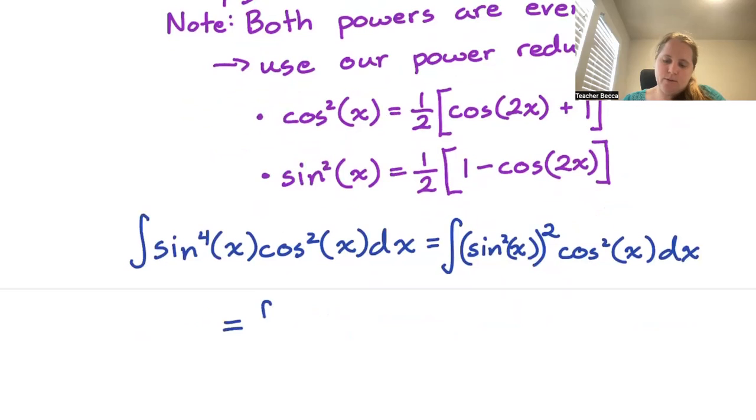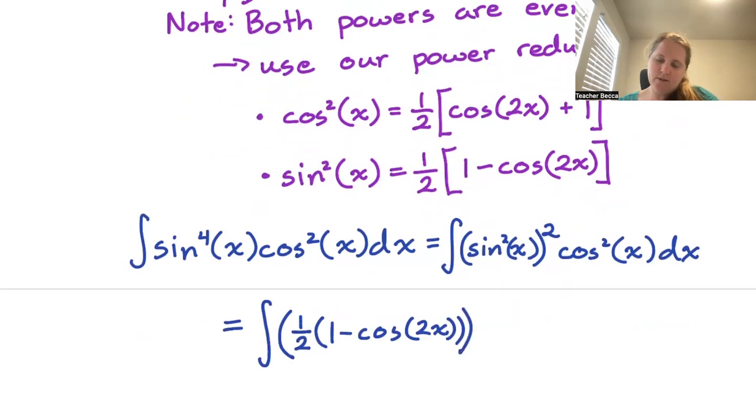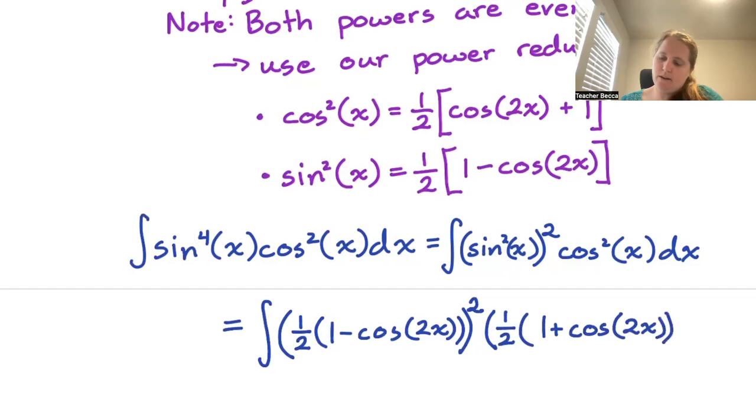But sine squared we know, so we are looking at the integral of, in parentheses, 1/2, and then parentheses again, 1 minus cosine 2x. And both sets of parentheses, that's our sine squared of x, square that whole thing. Then we are going to multiply that by, in parentheses, 1/2 of, in parentheses, 1 plus cosine of 2x. And our parentheses, that's just raised to the first power since it was just cosine squared, and then dx.